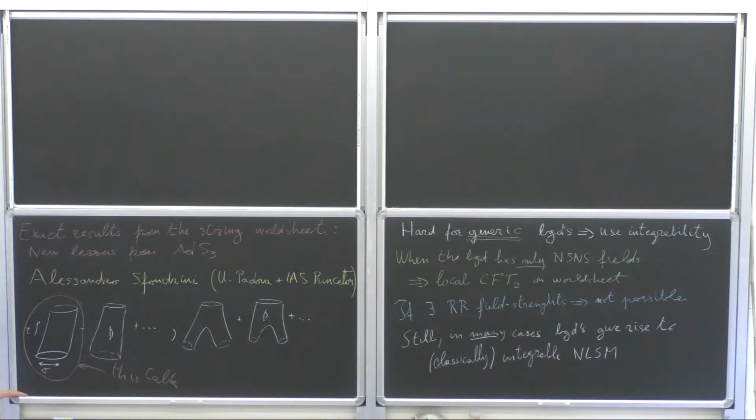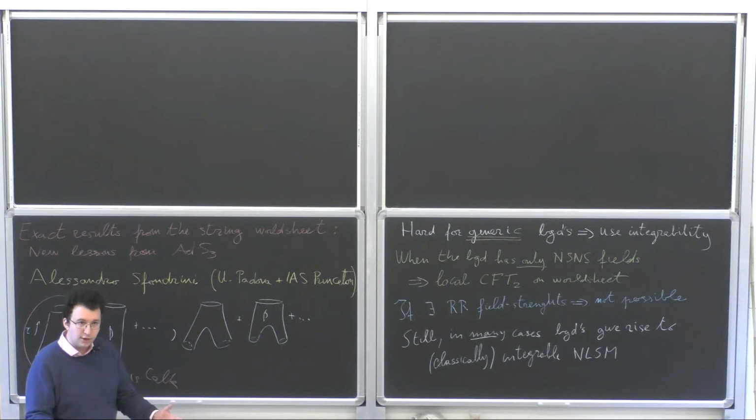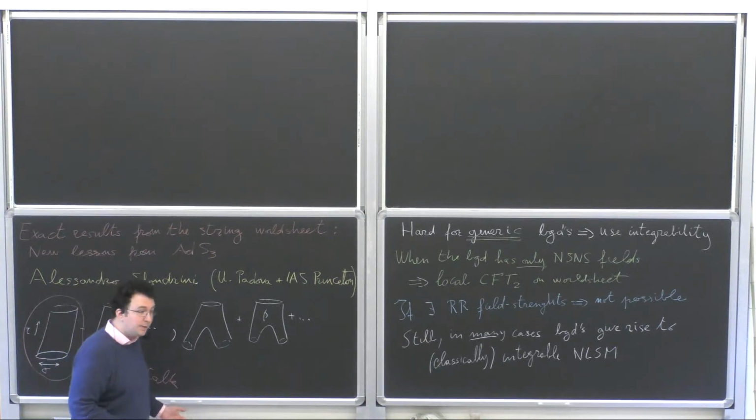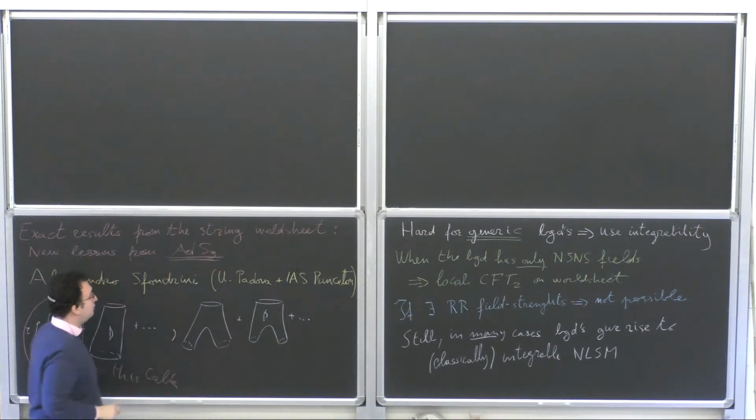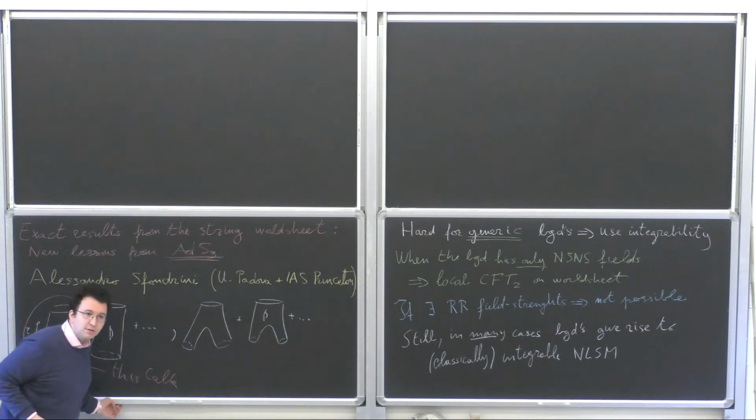But for reasons of time and concreteness, let me talk about this thing, where the nonlinear sigma model is in some finite volume, and I want to study it with integrability. The other thing on which I want to focus is one specific case. I don't want to talk completely in general, I want to write formulas, so let me pick one background, and I will pick, as it's written here, a background that involves anti-de Sitter in 3 dimensions.